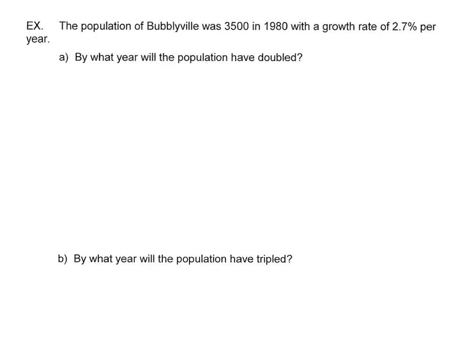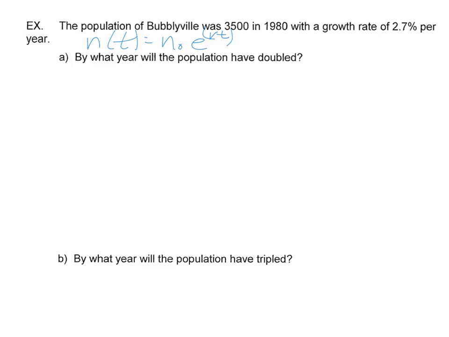The population of Bubblyville was 3,500 in 1980 with a growth rate of 2.7% per year. By what year will the population have doubled? Okay, let's remember our formula. N of t is N naught e to the rt. So if it doubles, it's twice what it started with. The way you can set up a problem like that, you don't really even need to know what the original population was.